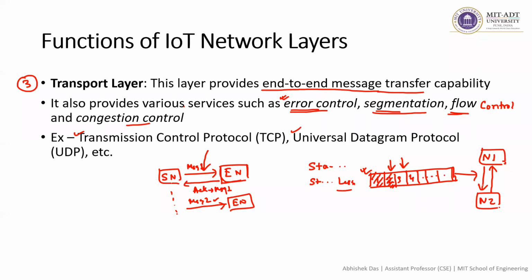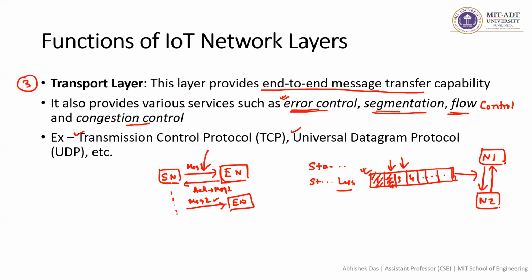The transport layer is responsible for controlling the frequency of data getting sent. If it checks that the speed is very high, then it will slow down the speed, so that node 2 can send the acknowledgement, and only then node 1 can send another packet. So the frequency of messages getting sent is controlled by the transport layer.